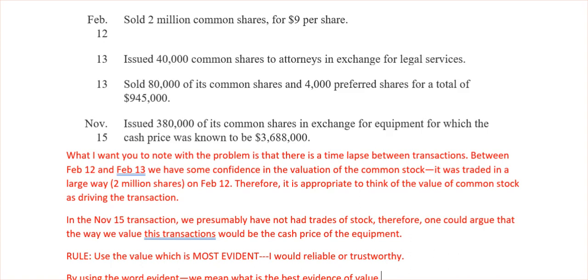In other words, the 80,000 shares of common shares, which recently had a value of $9 a share, seems to imply that we have $720,000 to appropriate to common, and the remainder needs to go to preferred.